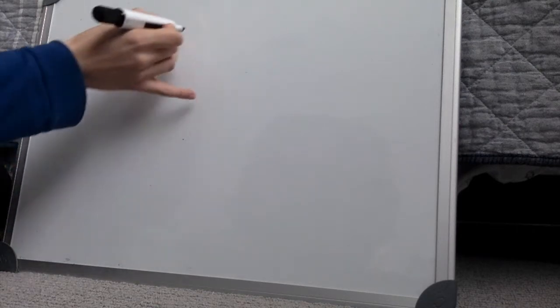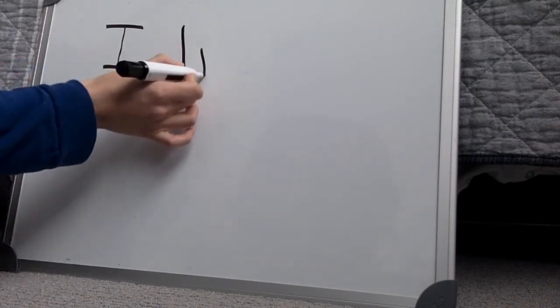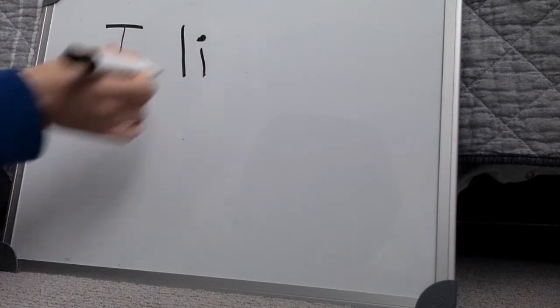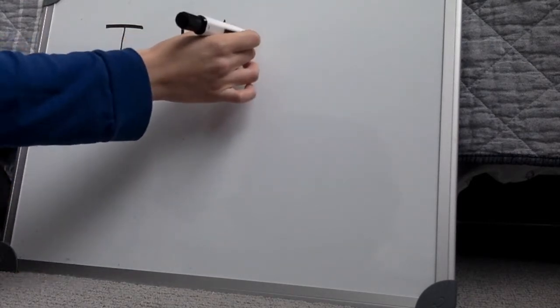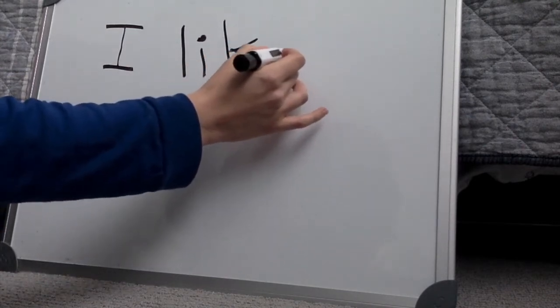So it starts with the L, I, K, which could be a C or a K, and in this case, it's a K. And then we know that the word like ends with an E.